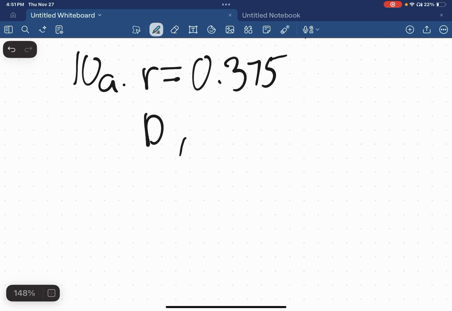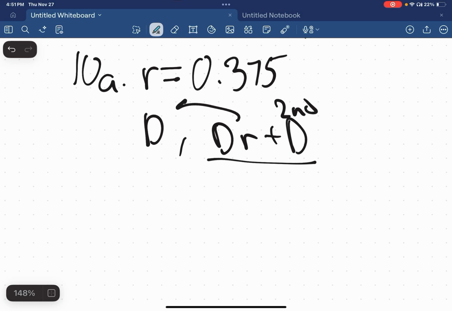After the second dose, it's going to have D amount times R plus D. This is the second dose, and that is the original first dose.